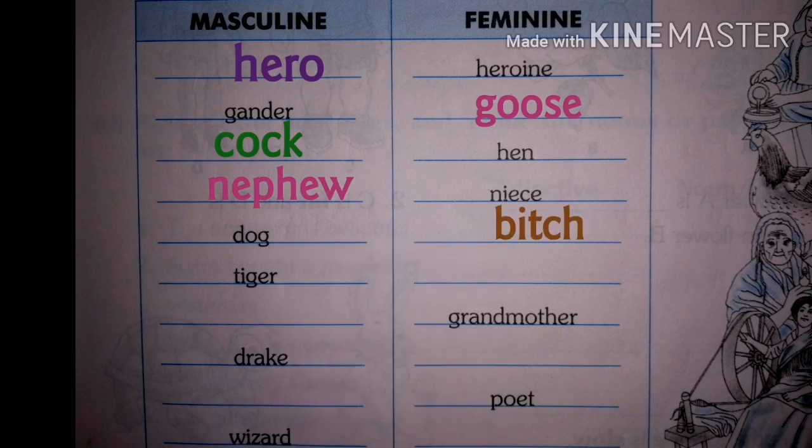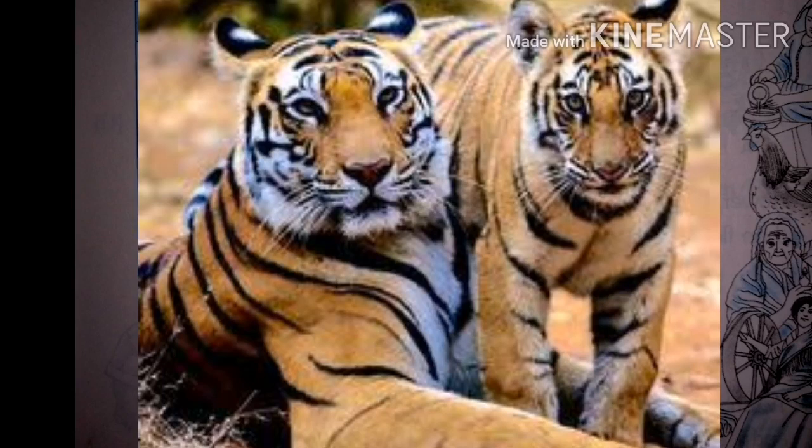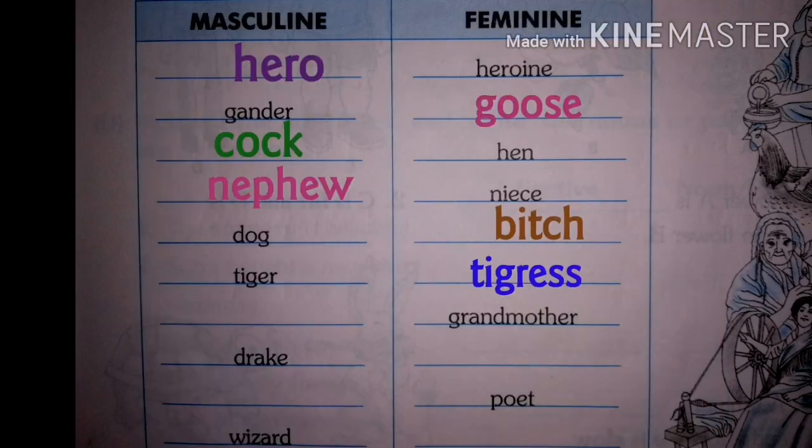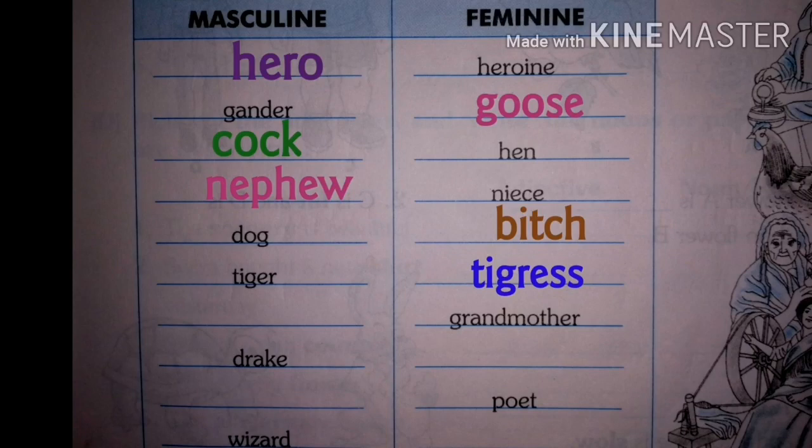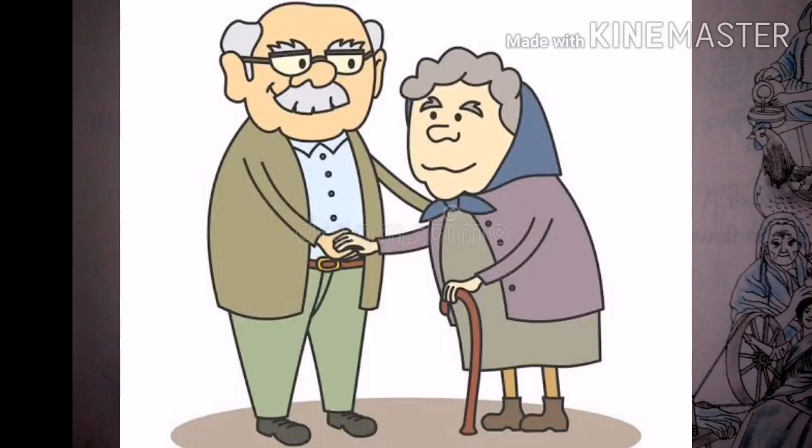Next one. In masculine gender, the noun tiger is given. What is the opposite of the noun tiger? It is tigress. So tigress is the feminine gender. Tiger opposite tigress. See the next one. In feminine gender, the noun grandmother is given. What is the opposite of grandmother?